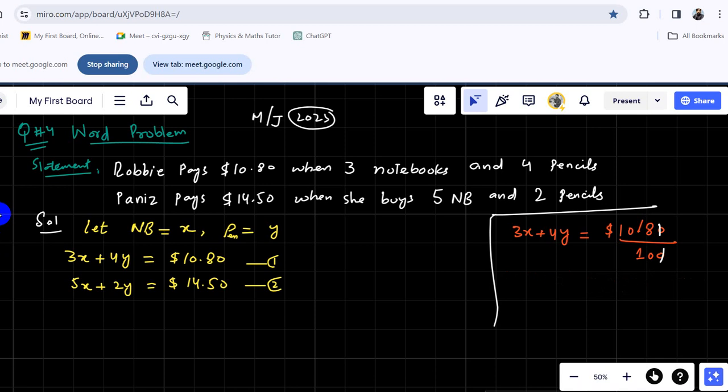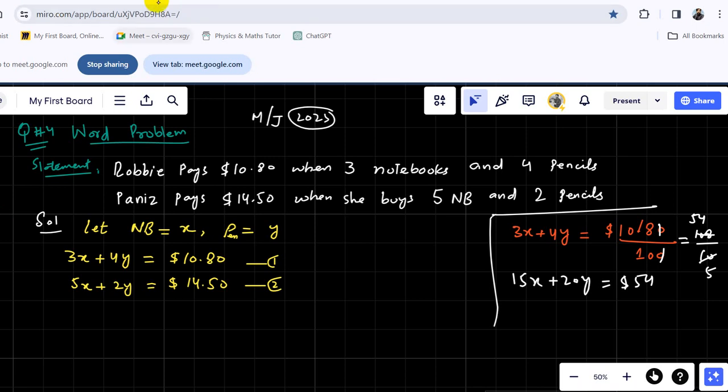Now this is 108 over 10. You can again simplify this to 5 times 54. Now multiply this 5 on this side. So the new equation will be 15x plus 20y equals $54. You can solve using this equation now.